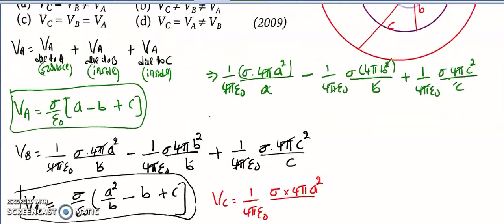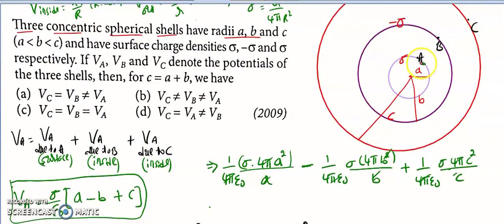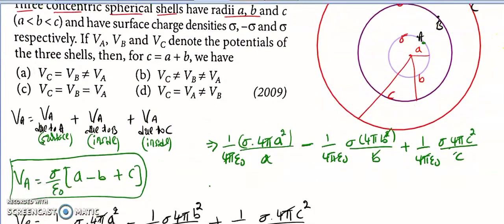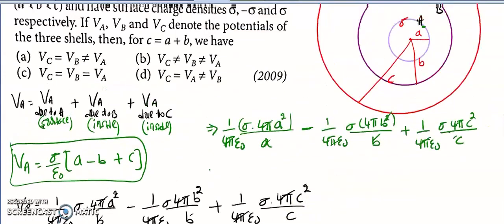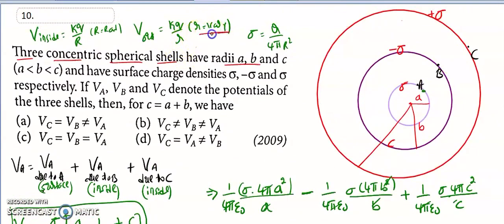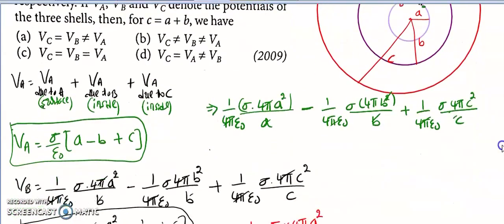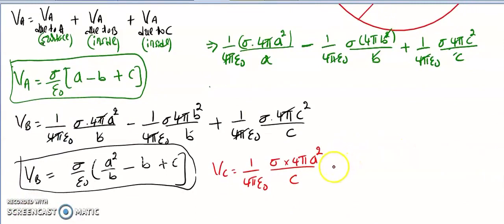Potential at C due to A is outside, so the distance is C, because in the outside formula r varies and it is the distance. We have studied the theory in class. Then minus 1 divided by 4 pi epsilon naught sigma into 4 pi B square divided by C, since this is also outside.